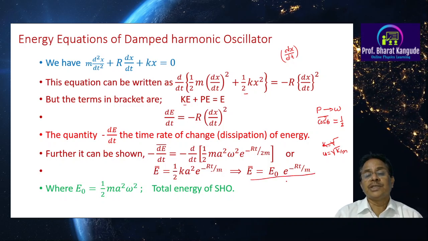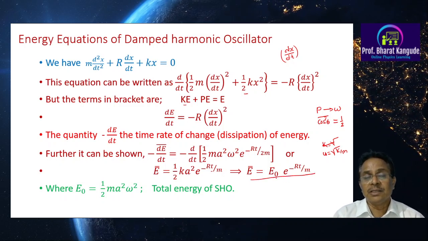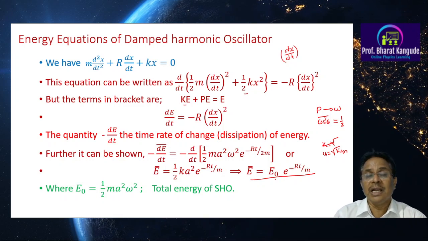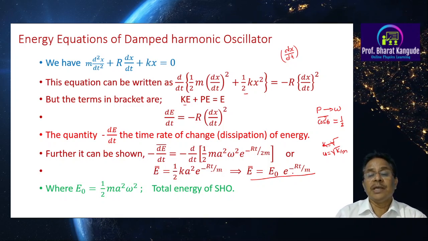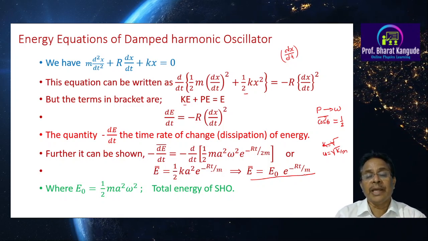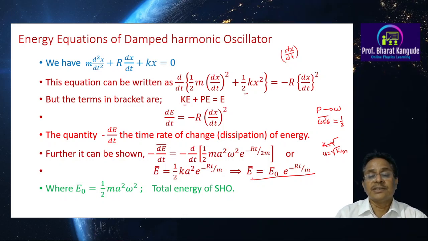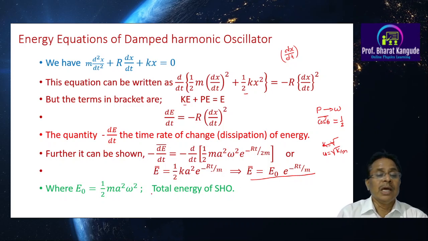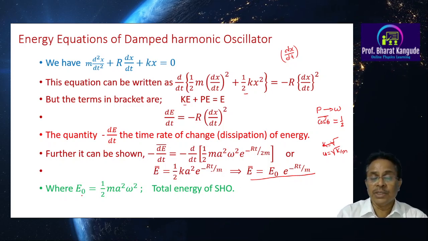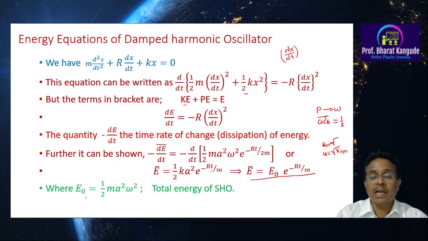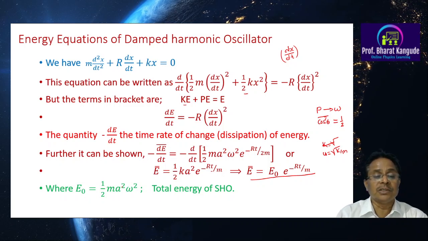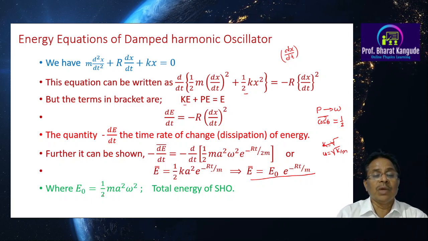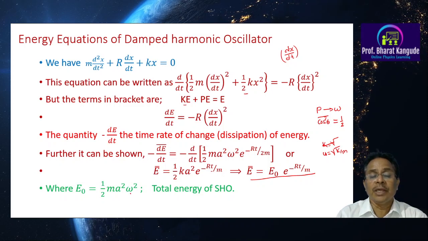E bar is equal to E0 bar, that is the total energy of the undamped free oscillator, multiplied by e raised to minus rt upon m. That indicates the average energy of this oscillator goes on reducing exponentially. In case of an undamped free simple harmonic oscillator, this E0 is given by 1/2 m omega square a square.